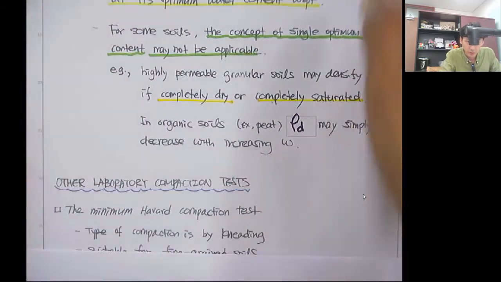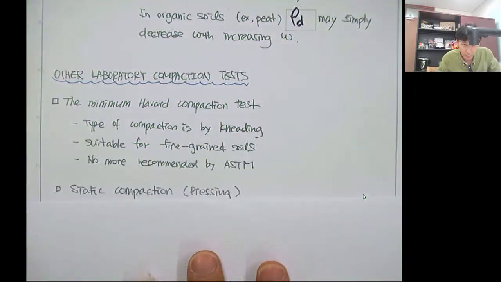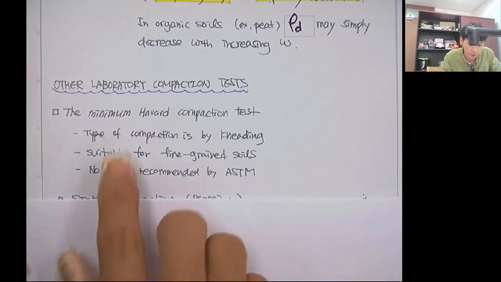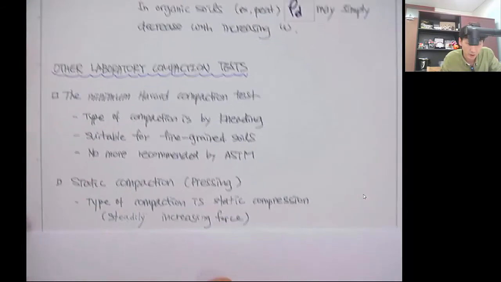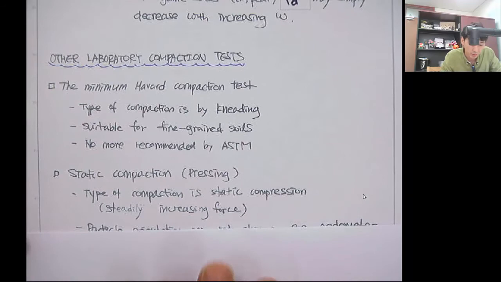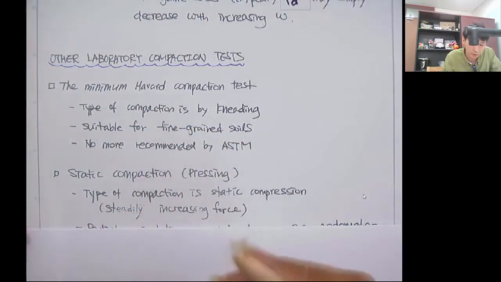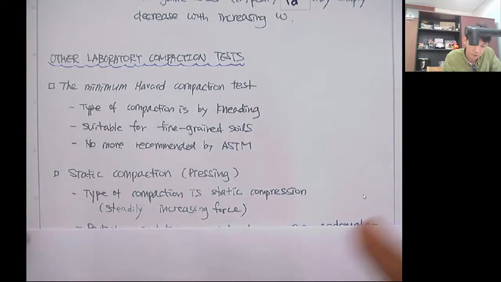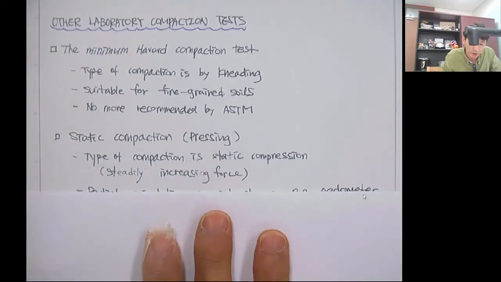The other laboratory compaction tests people used in the past are the miniature Harvard compaction test and the static compaction. The miniature Harvard compaction test uses kneading to simulate the tamping foot roller, but it's not normally recommended by the ASTM.